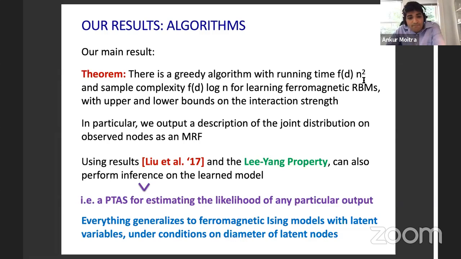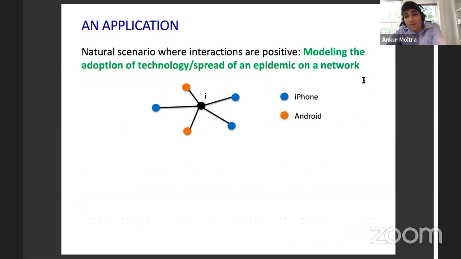I'll say briefly that one of the motivations for considering ferromagnetic Ising models is that you can model the adoption of technology, or the spread of epidemics on networks, like which people in a social network use iPhones or Androids.